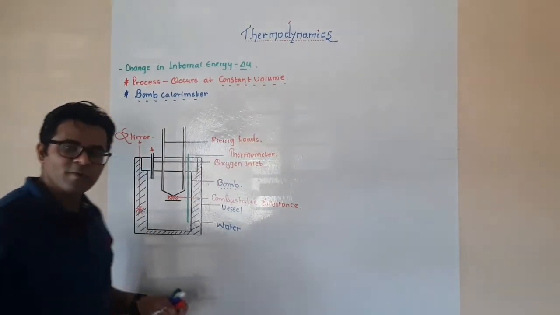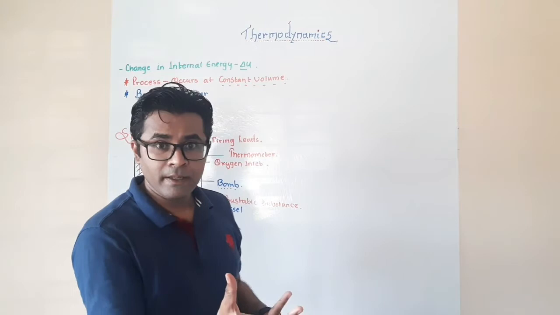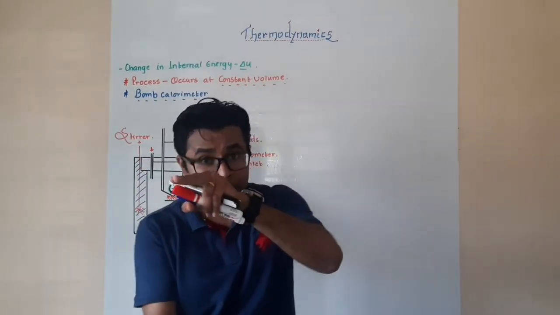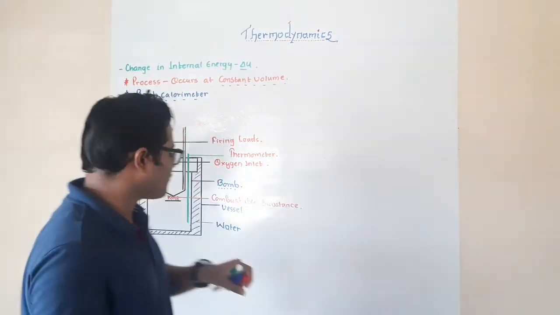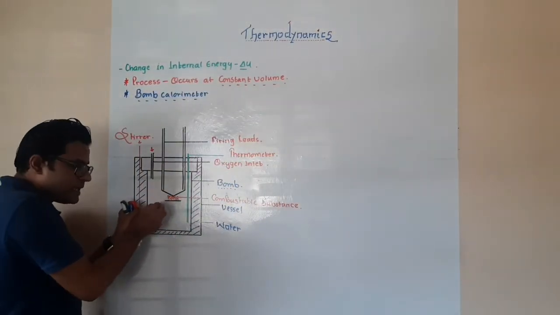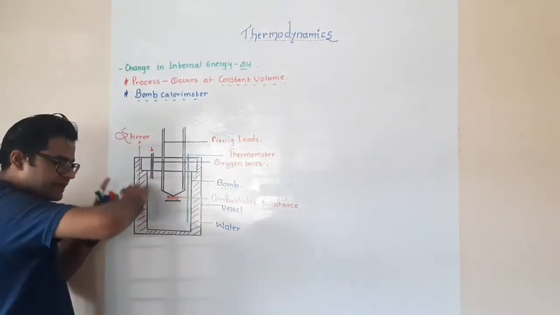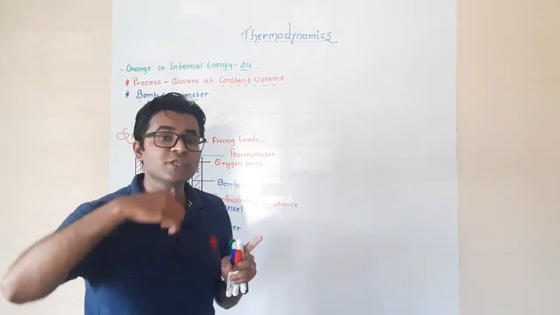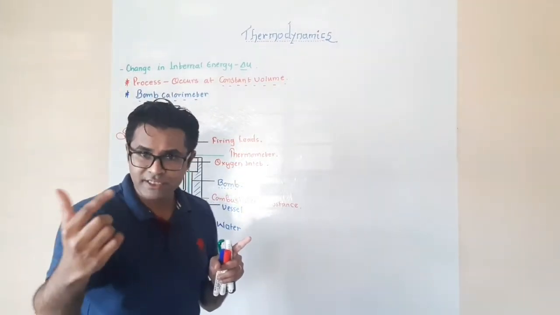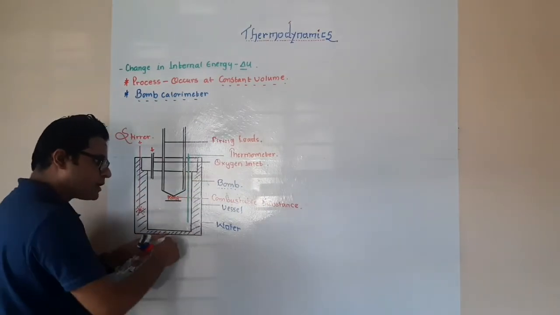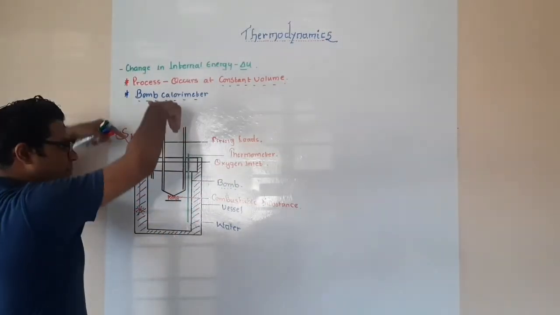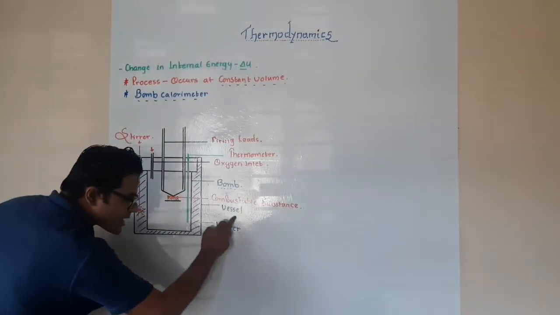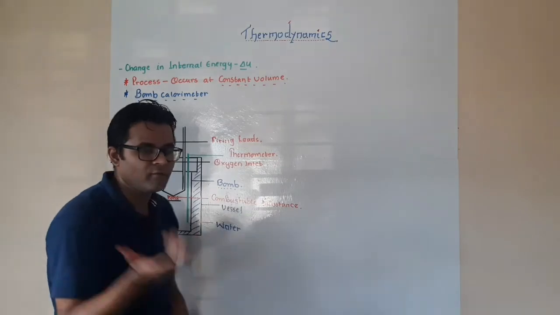As a result, this substance is going to burn, but the volume is going to remain the same because this entire thing is occurring under constant volume. Now the heat evolves out. To make sure the heat is not lost to the surroundings, and to check what exactly the change in temperature is, we are taking the help of water. It has been immersed in a water bath, you can say. As a result, you will see the change in the temperature that has occurred in the water.